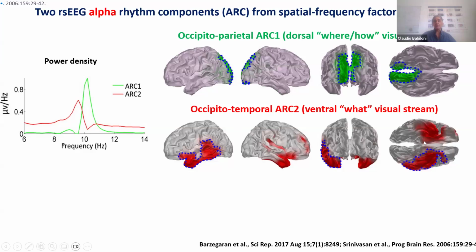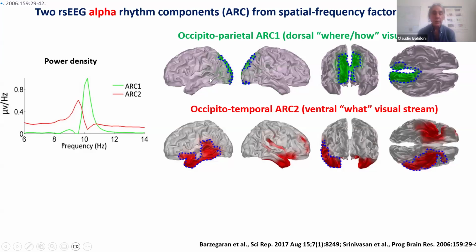You see the cortical model, and in the upper graph, the green areas. In the lower part of the graph, you see some red regions. These are the sources of two different components of alpha rhythms during resting state condition.